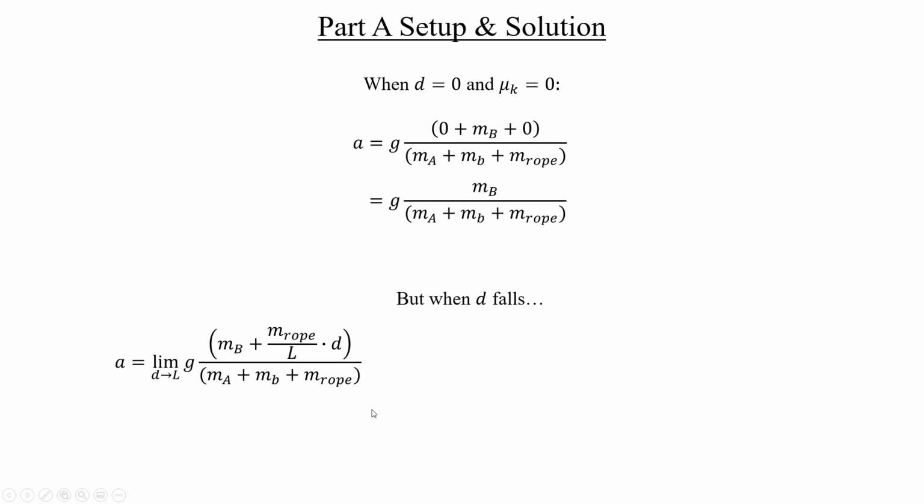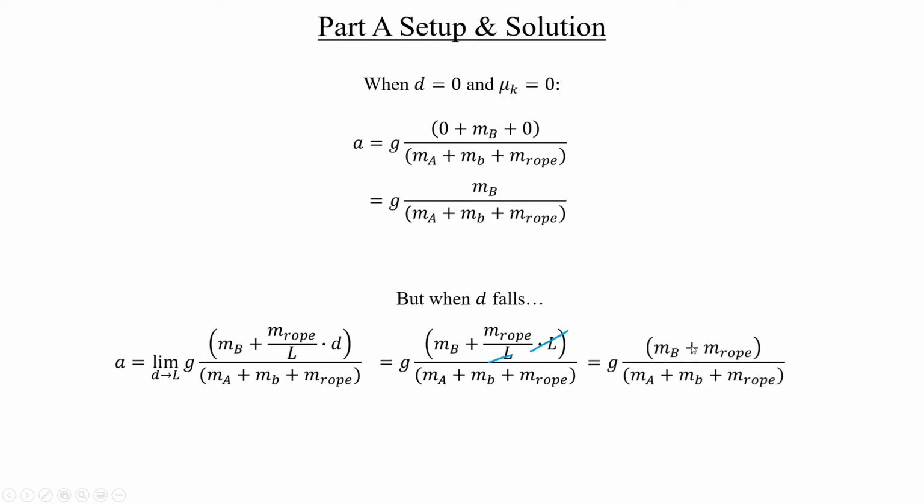Well, if you are familiar with the process of limits from maybe a pre-calculus or a calculus course, this one is really simple. We're just going to replace d with L, which is nice because now the L's cancel out. We have an L in the numerator and an L in the denominator.